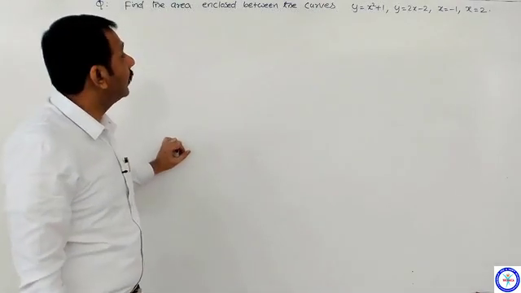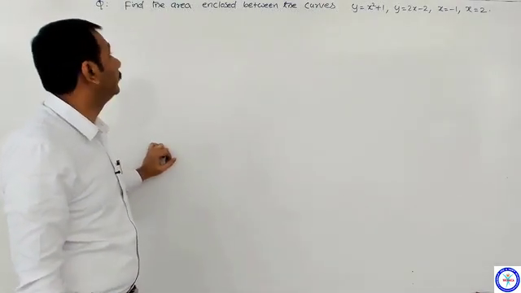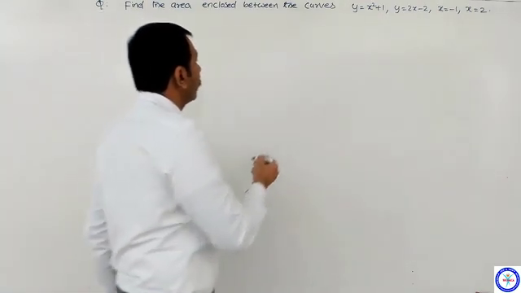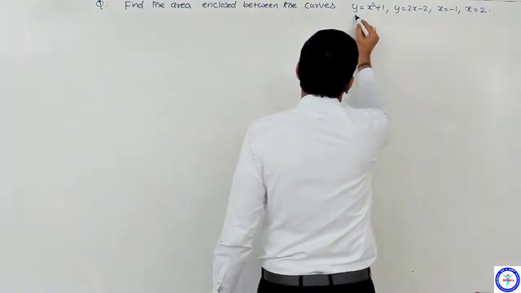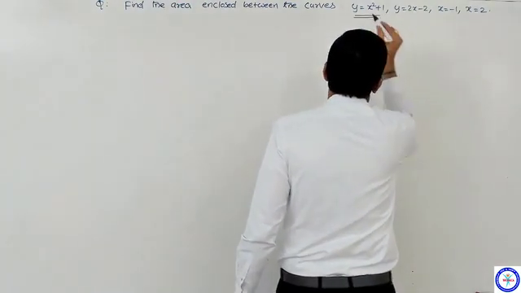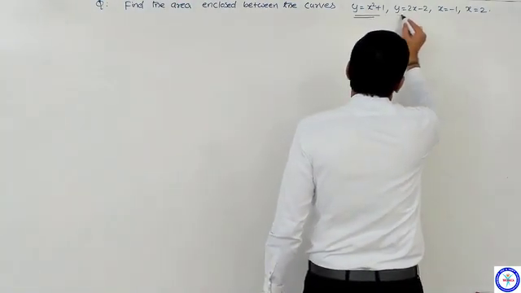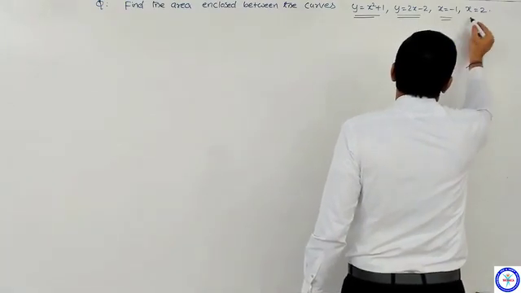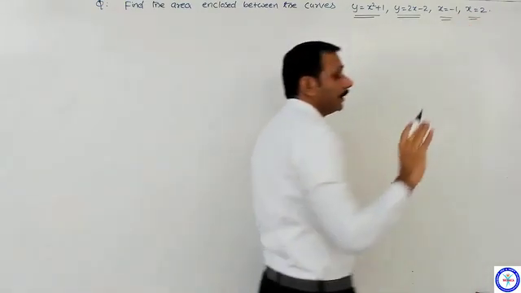Have a look here. Here is a different problem. Find the area enclosed between the curves y equal to x square plus 1, y equal to 2x minus 2, x equal to minus 1 and x equal to 2.